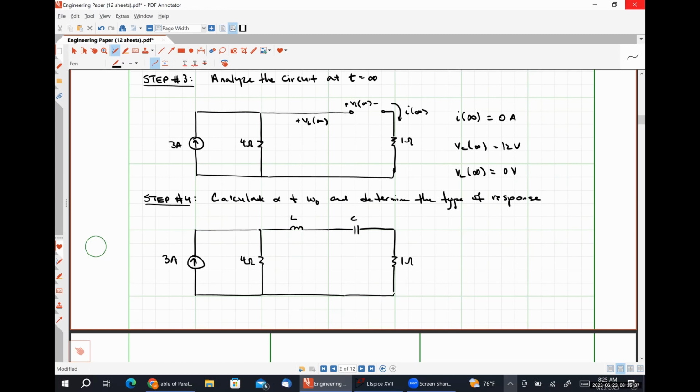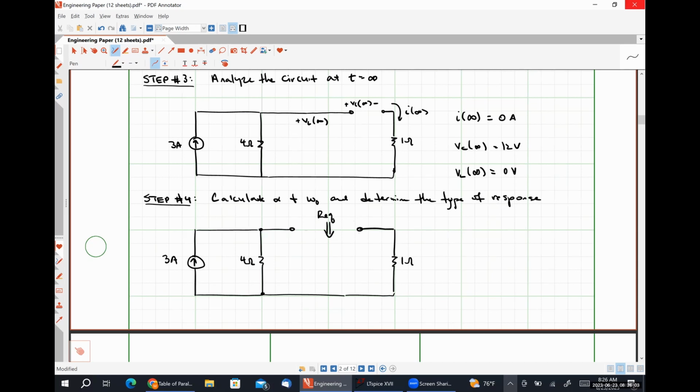So we're finding the Thevenin equivalent resistance as seen by our energy storage elements, which in this case is an inductor and a capacitor in series. So I'm going to take that inductor and capacitor out, leaving behind an open circuited set of terminals. And looking into these terminals is how I'm going to find REQ.